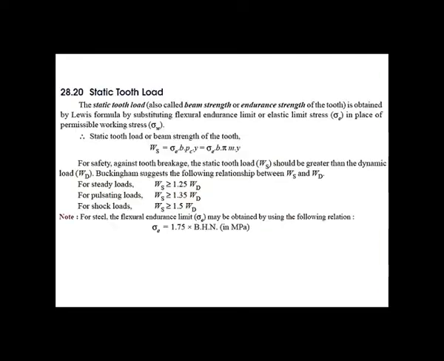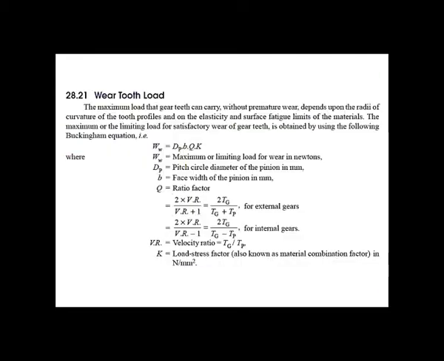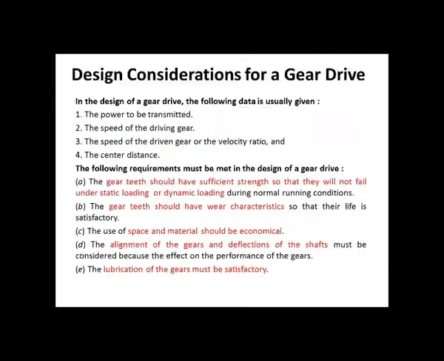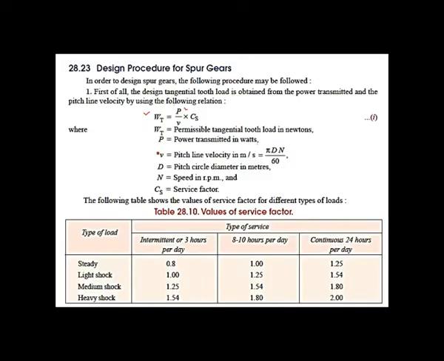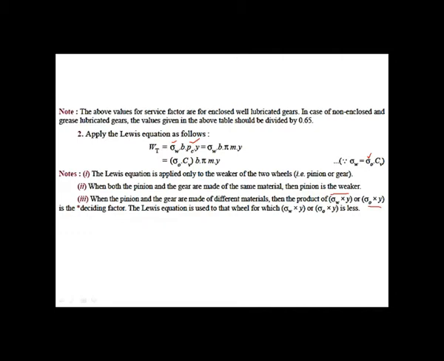By selecting this value of Cv, we may proceed further in the design. From this relation you will be able to calculate sigma naught. All parameters are clear to you, and then sigma naught into y. This y is also given in your design data book as well as in the book by R.S. Khurmi.